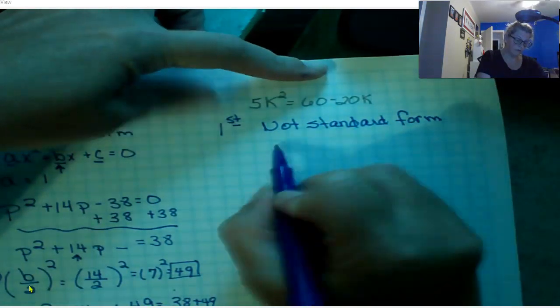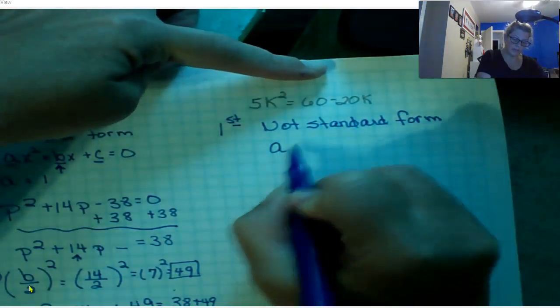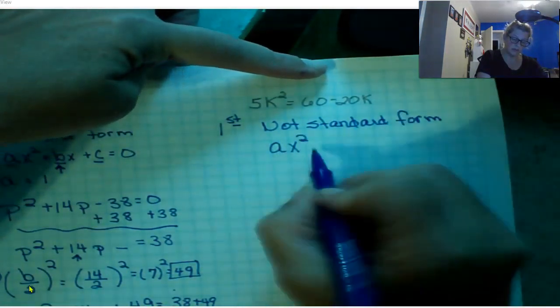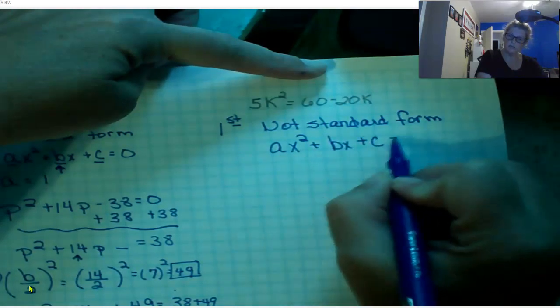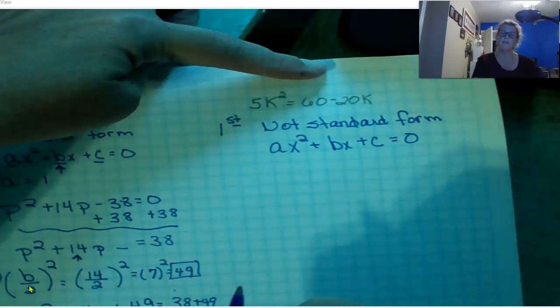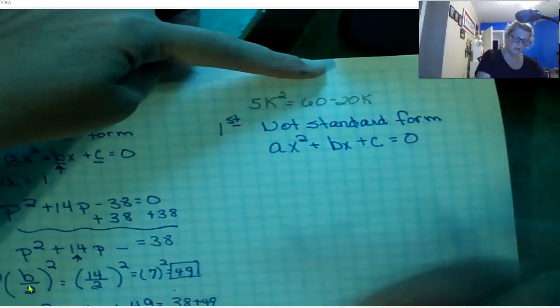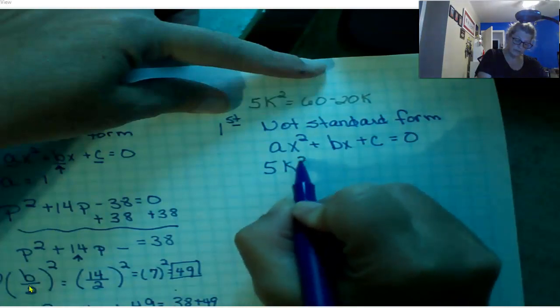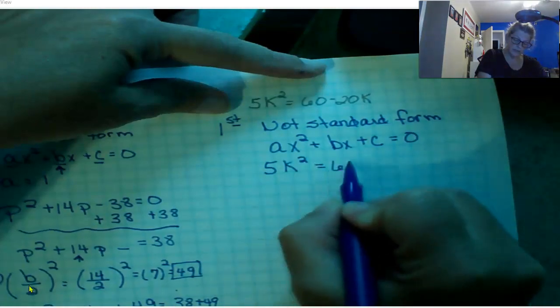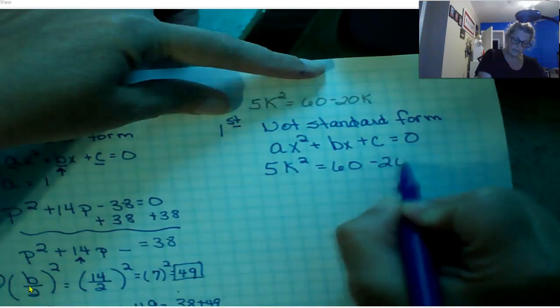So remember, standard form is ax squared plus bx plus c equals 0. Okay, so for the problem, 5k squared equals 60 minus 20k.